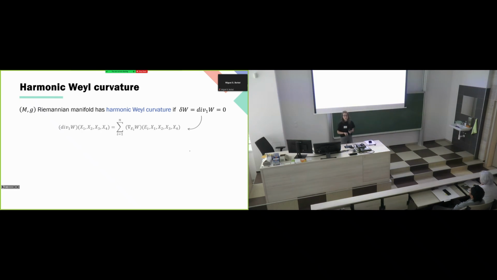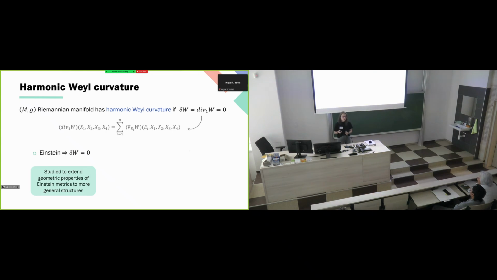If we have a Riemannian manifold, we say it has harmonic biocurvature if its divergence vanishes. We chose to use the first divergence, but we could have used the fourth or whatever. To give some examples of this, any Einstein metric has automatically harmonic biocurvature.